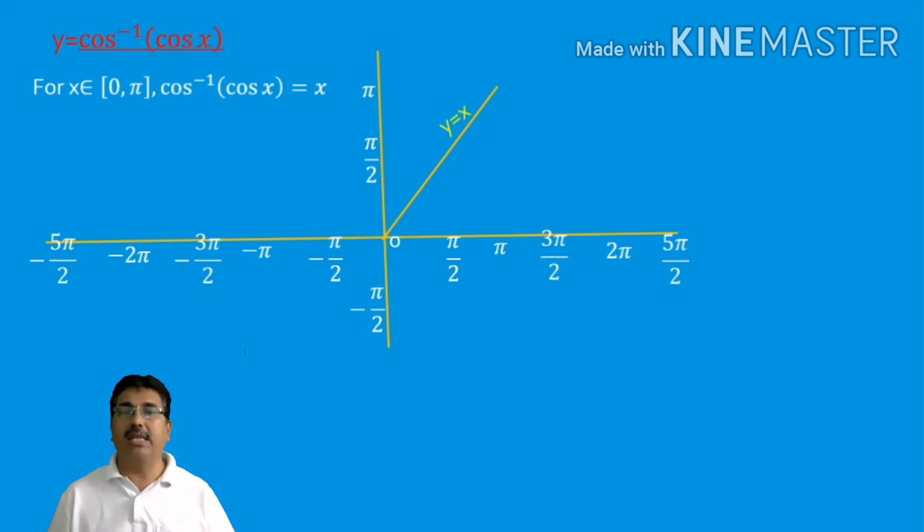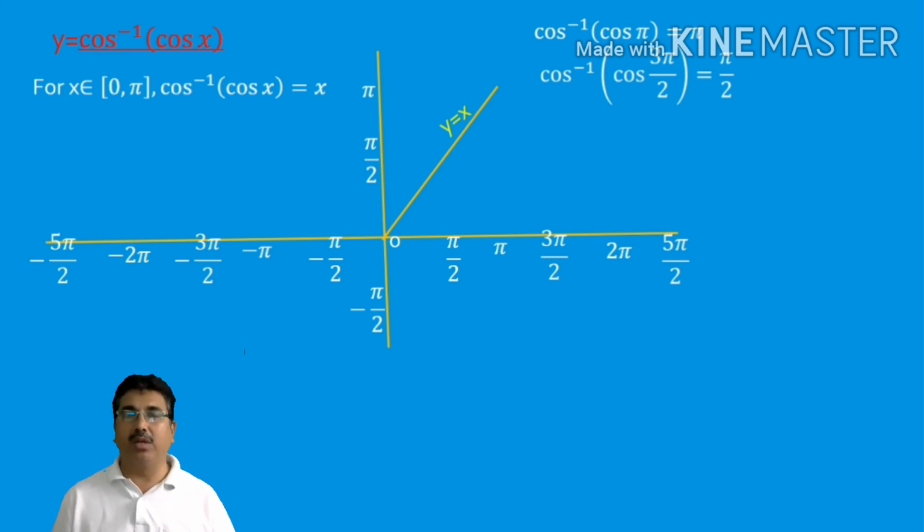Now, what is the shape of this graph in the interval pi comma 2 pi? For that, find cos inverse of cos pi, that is equal to pi. Cos inverse of cos 3 pi by 2 is equal to pi by 2. Cos inverse of cos 2 pi is equal to 0.